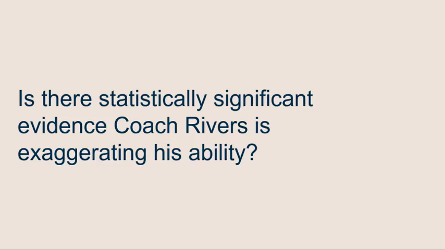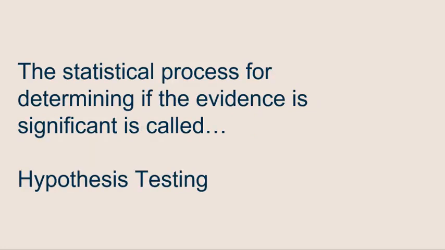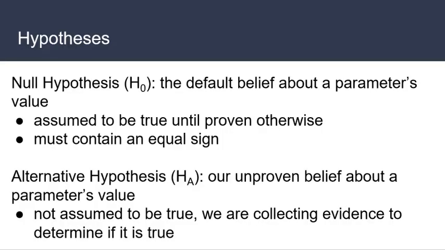So in our activity, we did a simulation with a dot plot to try and get some mathematical evidence. Today we're going to learn the official statistical process for this, which is called hypothesis testing. When we do hypothesis testing, we have two hypotheses, just like we did our two explanations. The official term for them is hypotheses.